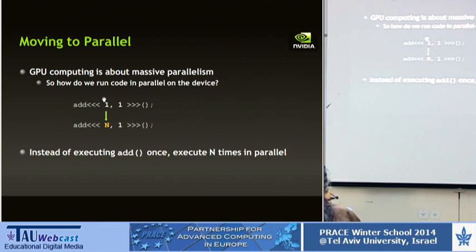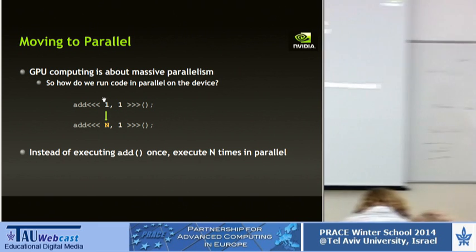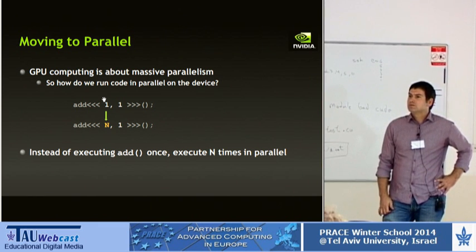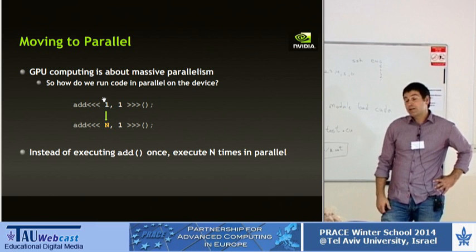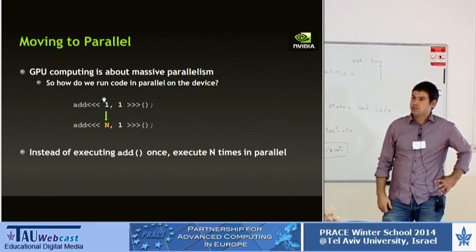Is this true or not? Because you release it from the device, yes, not from the CPU. How do you check how many cards you have on the node? How many devices? You can check it from the code. We're going to see that at the end of this.